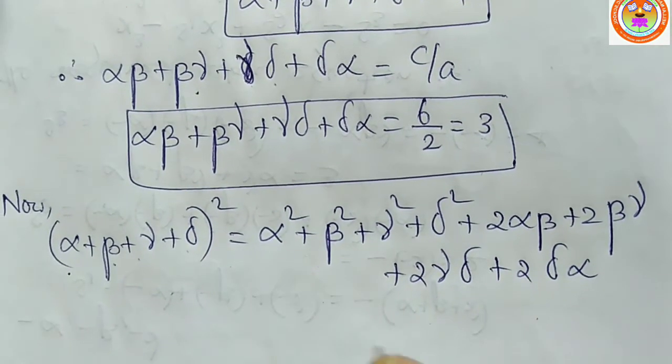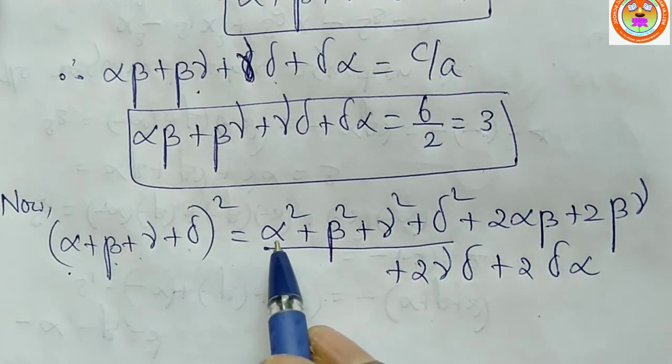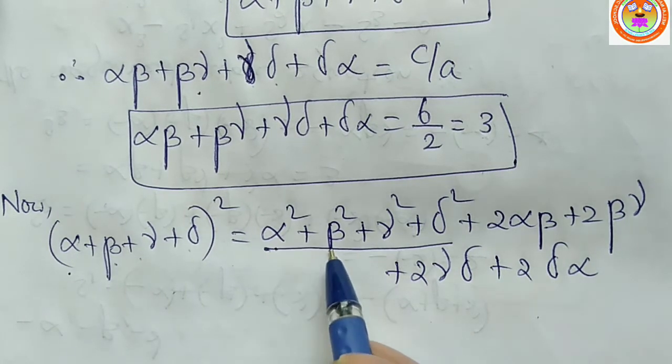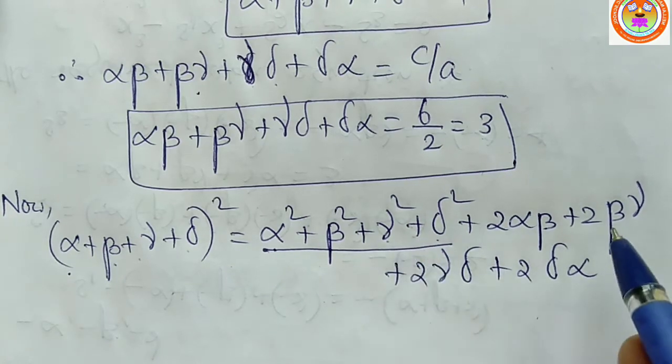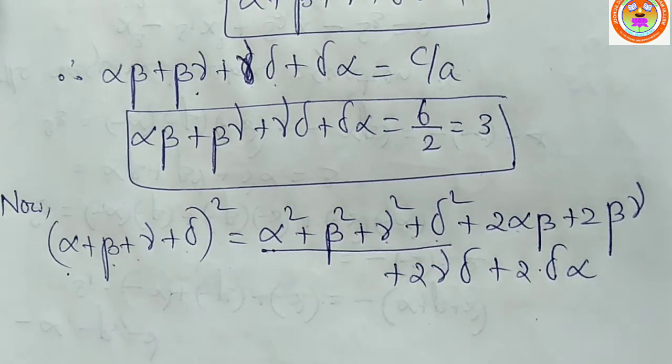But our aim is to find only these 4 terms, sum of squares of the roots. So, alpha square plus beta square plus gamma square plus delta square, which means we have to take these 4 terms into the left hand side.